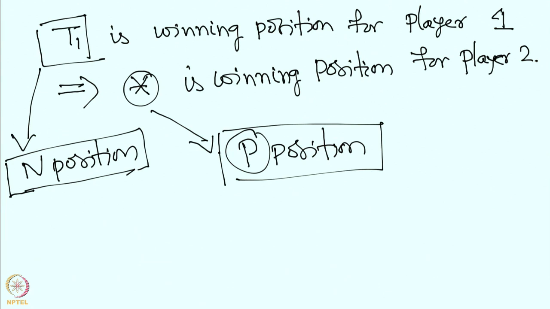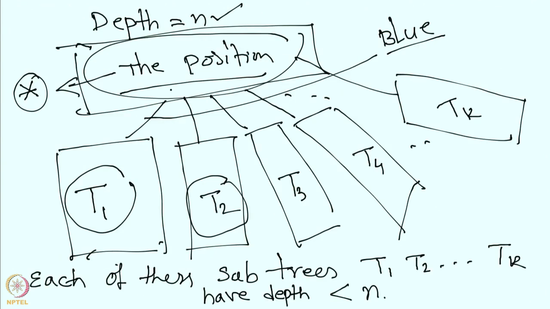So in other words, by the induction hypothesis we know this T1 can be replaced by, let us say, a player 2 winning position. Maybe T1 could be a winner for player 2, here it could be player 1, here it could be a draw, whatever it is. Now this blue player who is making the decision at this place is going to decide which of these choices gives him the best.